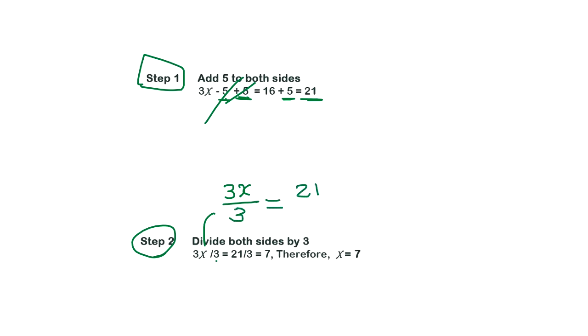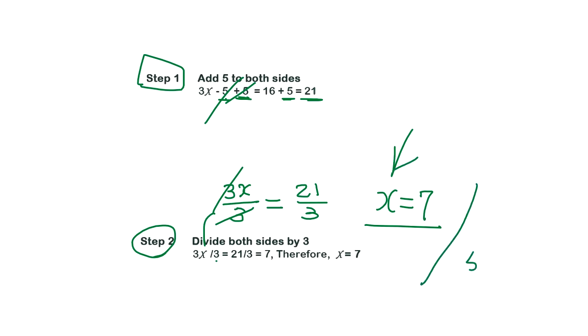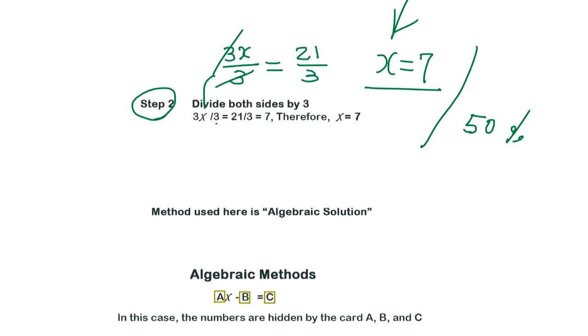And 21 divided by 3. This disappears, so x is 7. So using an equation, we can figure out the unknown value x. So this is another 50% of algebra. So you're done with algebra. You can go home. Well, just kidding. Basically it covers all the stuff you need.